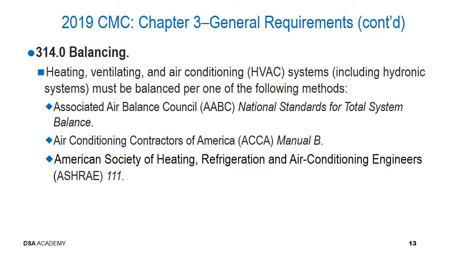One of them is using the Associated Air Balance Council's publication known as the National Standards for Total System Balance. They're also permitted to use the Air Conditioning Contractors of America's Manual B. The American Society of Heating, Refrigeration, and Air Conditioning Engineers publication number 111 may also be used.